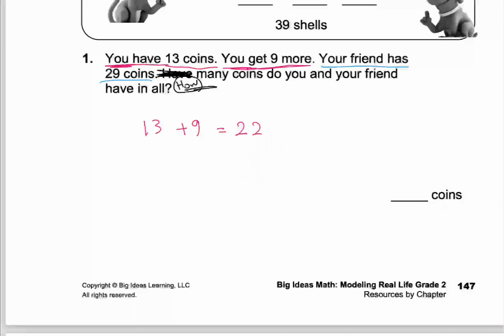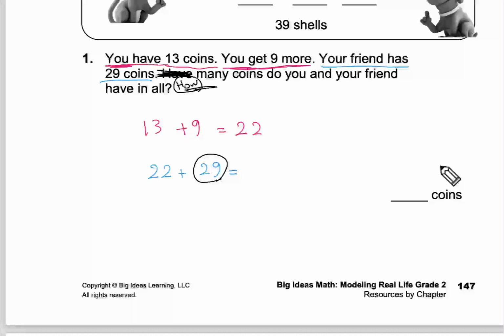Okay, now we should add what you have and what your friend has. So 22 plus your friend is 29. So we need to add 22 plus 29. And you can use any of the two ways or strategies that we did before. But here I see that this is 29. What about making this 30?